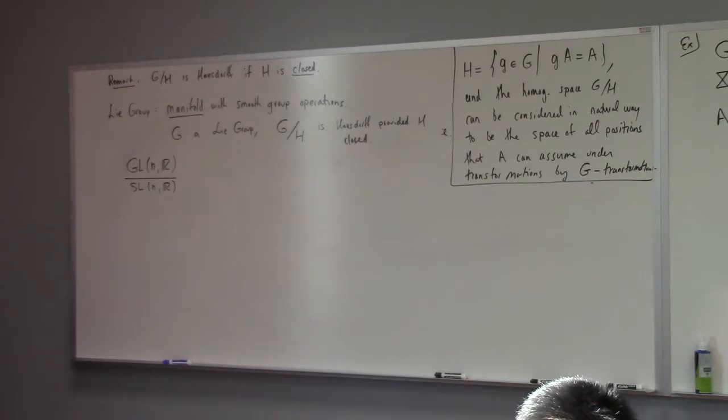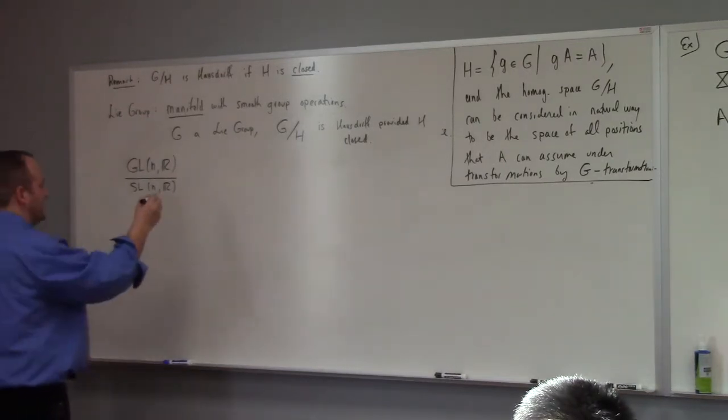And there's a theorem which says that if you have a Lie group and you quotient by a topologically closed sub-Lie group of it, which this is, then the resulting object is a manifold. And part of that is that it's a Hausdorff topological space. So this is actually a manifold.